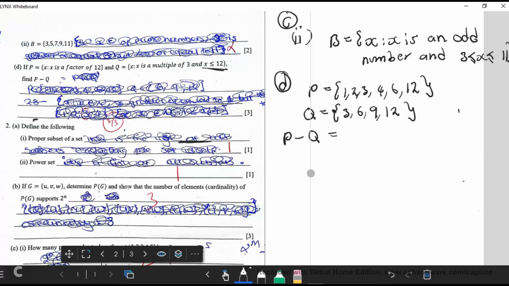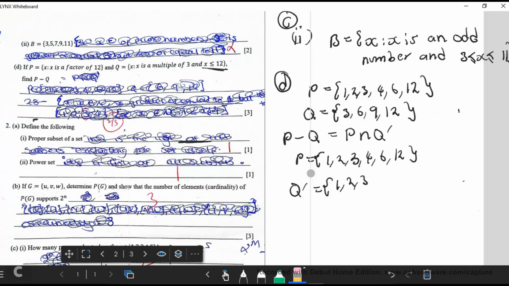Then the question is saying find P minus Q. P minus Q is the same as P intersection Q complement. So here, what are the elements of P? It's 1, 2, 3, 4, 6, 12. How about Q complement? Q complement are the numbers that we cannot find in Q. What are the numbers that are not in Q? We have 1, 2, okay, 3 is there, sorry, 3 is there.